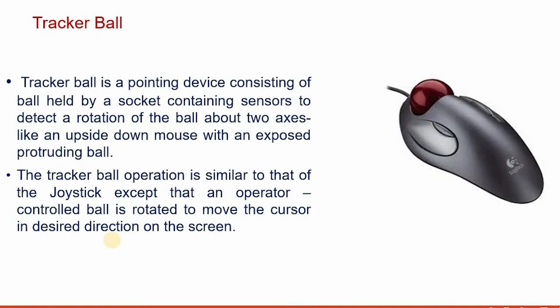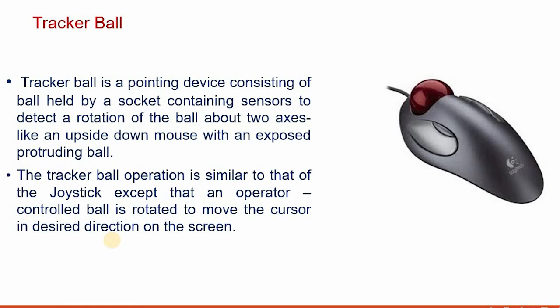The next input device is the trackball. A trackball is a pointing device consisting of a ball held by a socket containing sensors. The sensors detect the rotation of the ball about two axes, like an upside-down mouse with an exposed protruding ball.